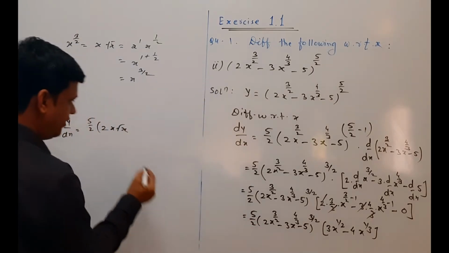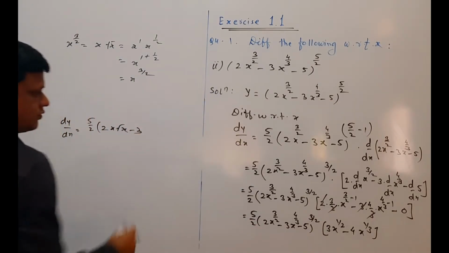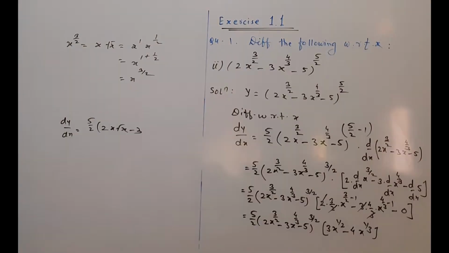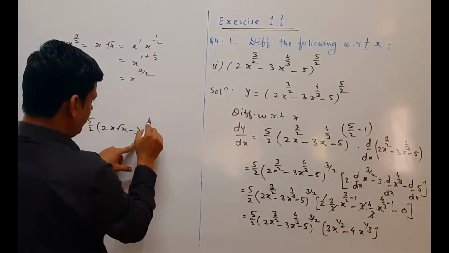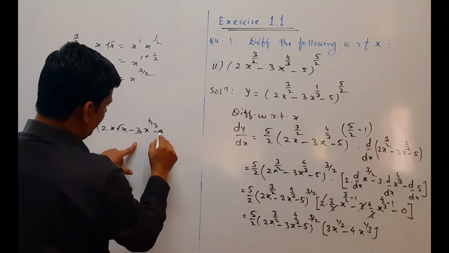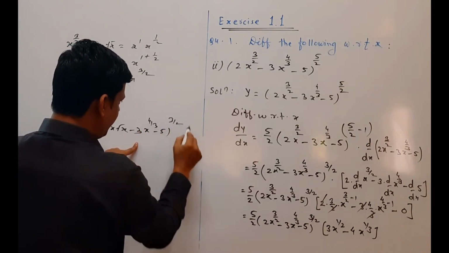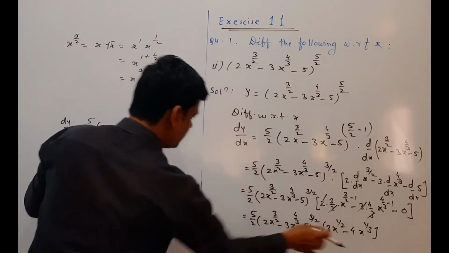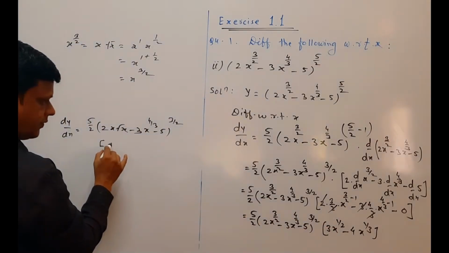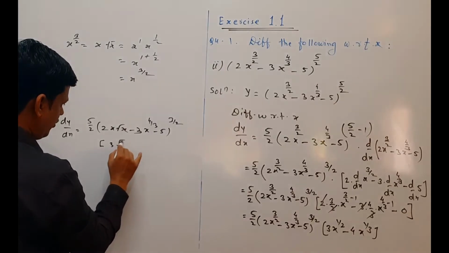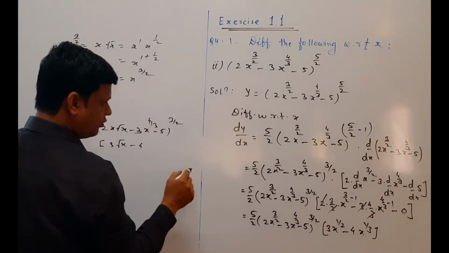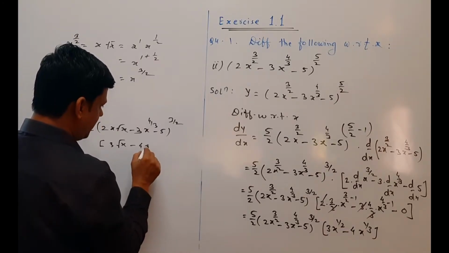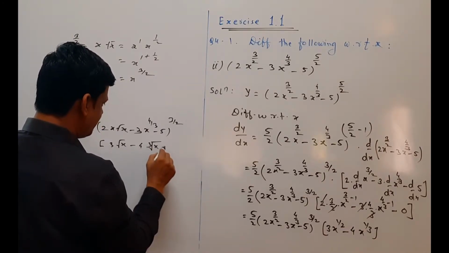Then minus 3 into, so we write this as 3 x raised to the power 4 by 3 minus 5 raised to the power 3 by 2. So this we write as into 3 into square root of x because power is 1 by 2 minus 4 into power is 1 by 3, that is cube root of x.